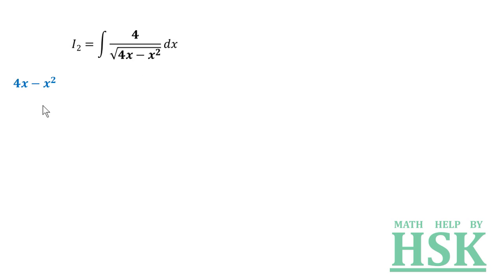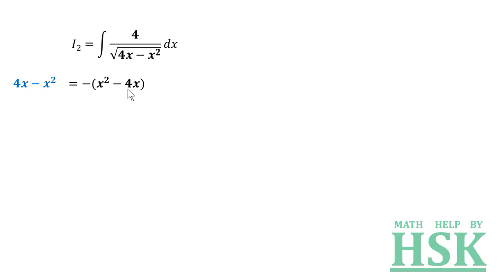So taking 4x minus x square and taking minus sign common, I'm going to get this as minus of x square minus 4x. So inside the bracket, the coefficient of x square is 1 and the coefficient of x is minus 4, right?